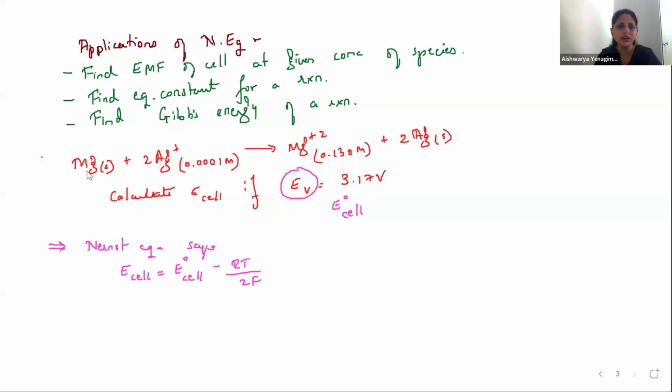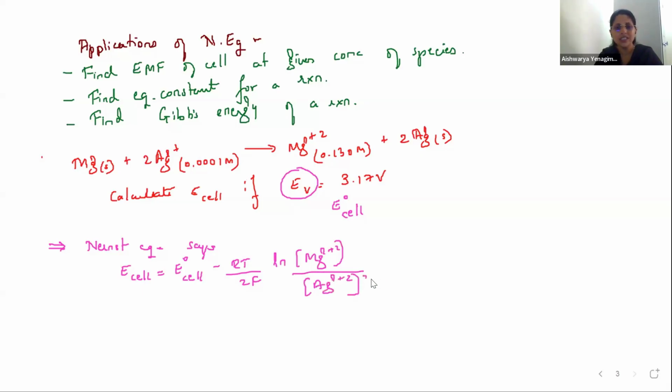Because here Mg is becoming Mg plus 2, so it loses 2 electrons. Ag plus is becoming Ag; one Ag ion takes 1 electron. Here we have 2 Ag ions, so they take 2 electrons. So the number of electrons is 2, times the natural log of the concentration of Mg plus 2 over the concentration of Ag plus.